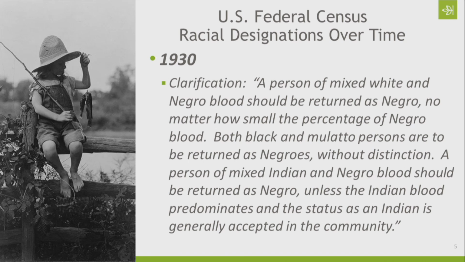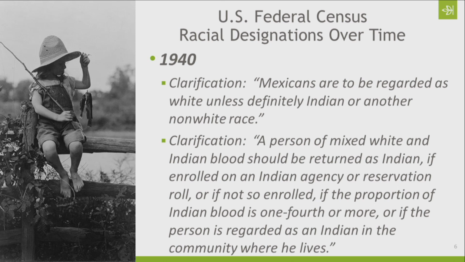We're just going to lump them all into that single bucket. And then the one qualifier there is Indian and Negro mix. If the person is known as an Indian or a Native American in their community, they can be listed as that.